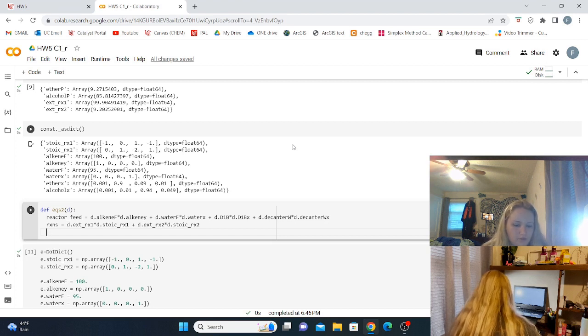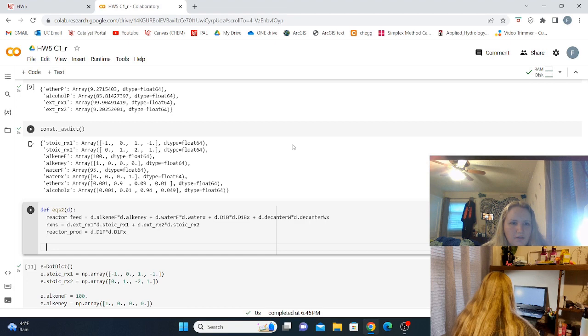So let's do reactor_product, and that will be equal to D.D1F, for feed, times D.D1Fx, for composition. That looks good.